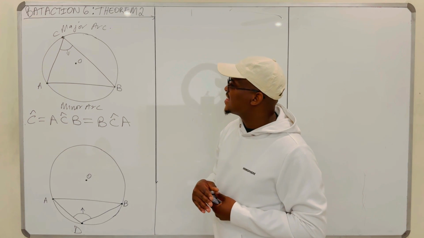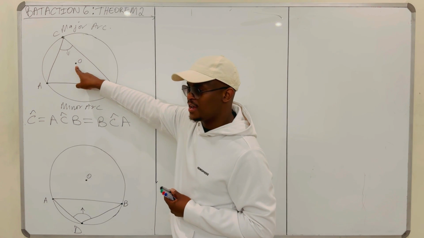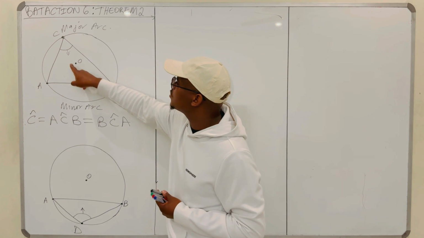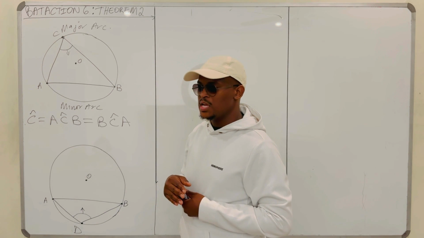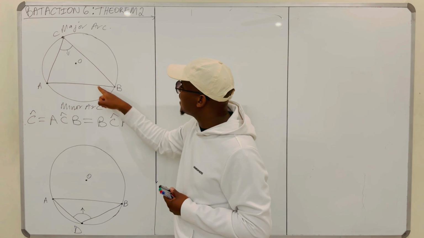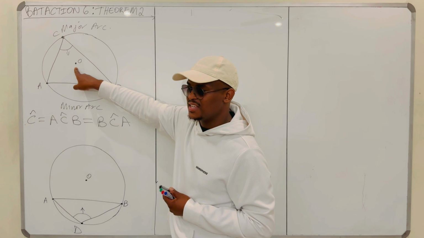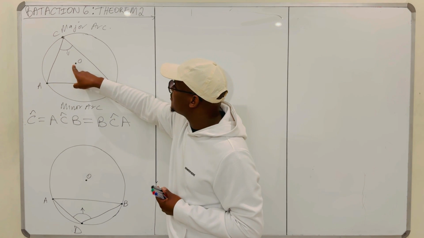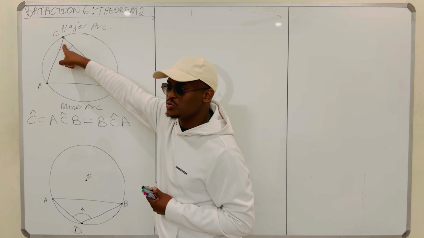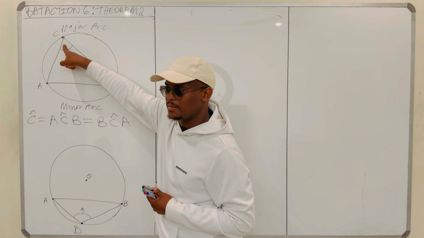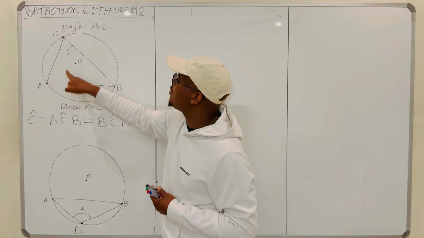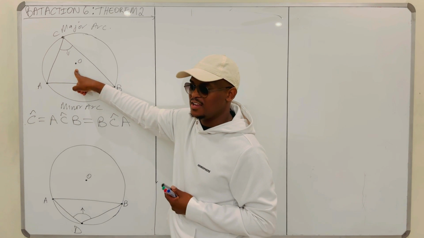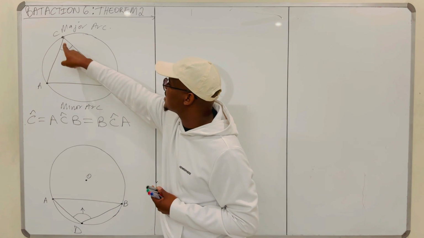The angle that is subtended at the center will be 2 times that at the circumference. So if your chord subtends 50 degrees at the center, you will have 25 there. Are you with me? Which means if you have 25 there, it will be doubled there. So the angle at the center is double that at the circumference.